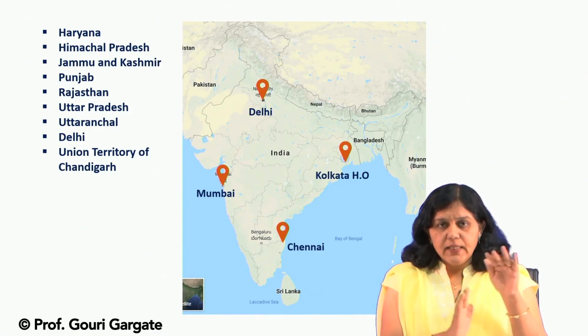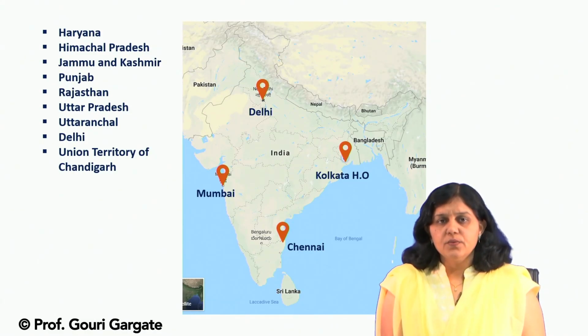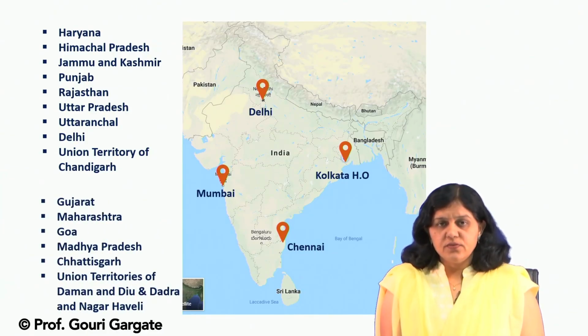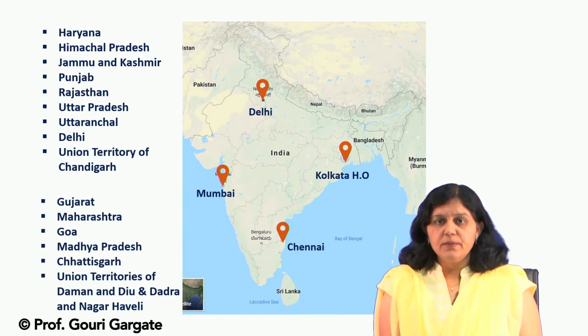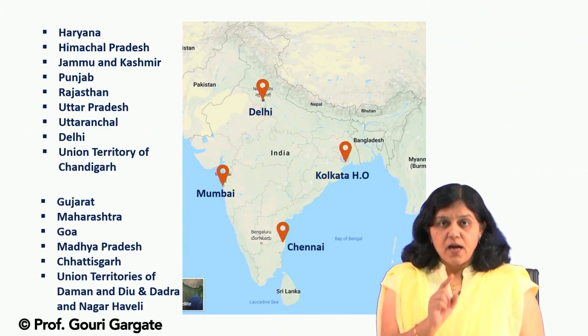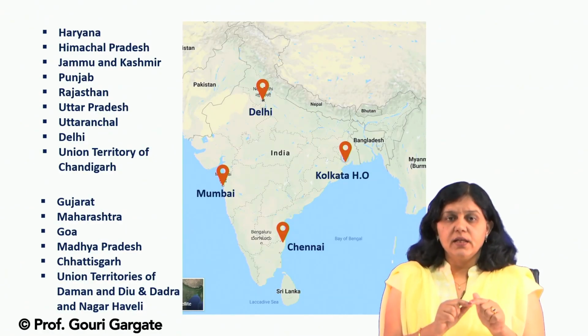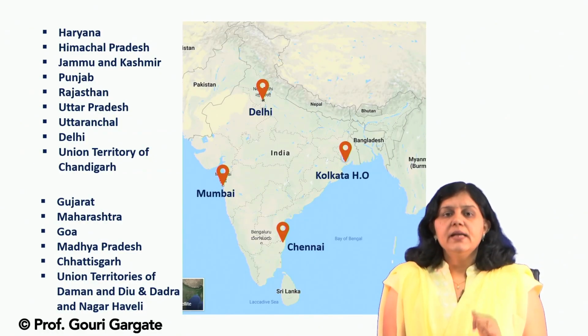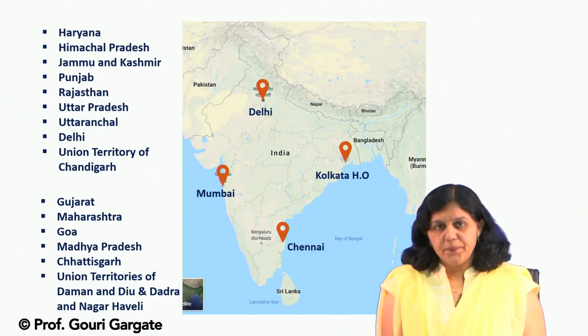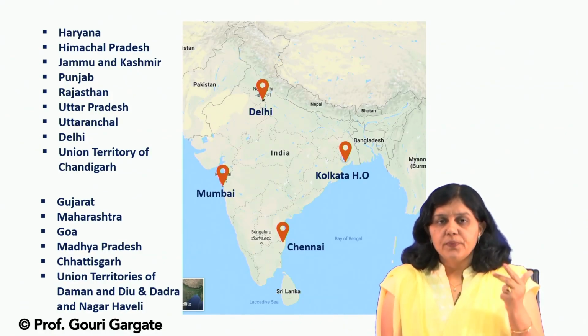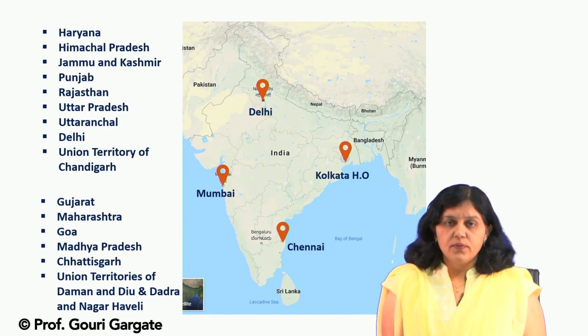So, Delhi, you know the states now. Now, the next. If instead of 1 you see a 2, what will it indicate? After 2018, if the number 2 is there, it says that the jurisdiction is Mumbai. The states under this Mumbai jurisdiction are Gujarat, Maharashtra, Goa, Madhya Pradesh, Chhattisgarh and the Union Territories of Daman and Diu and Dadra Nagar Haveli.